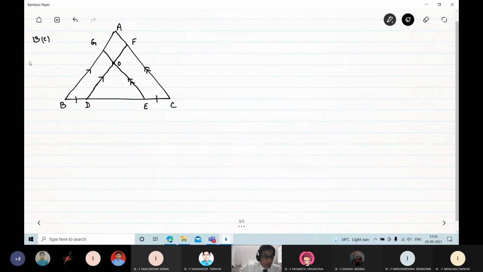We have to prove two things. The first part is that BG is equal to DF. This is the first part. The second part that we have to prove is EG is equal to CF.